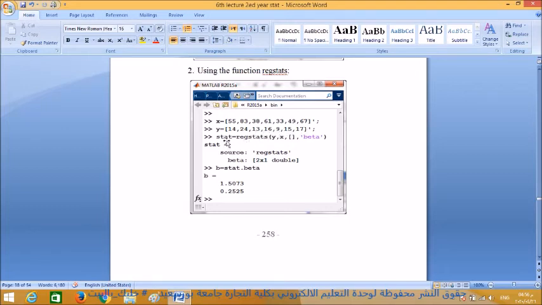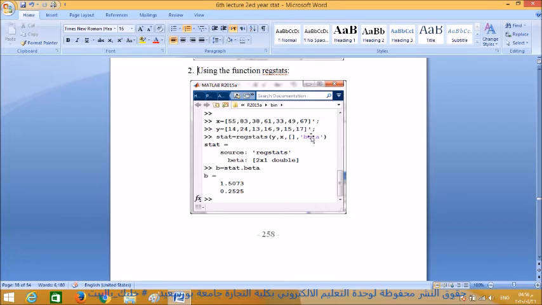Then put stat as an argument, equal regstats of y and x, and beta means a and b.